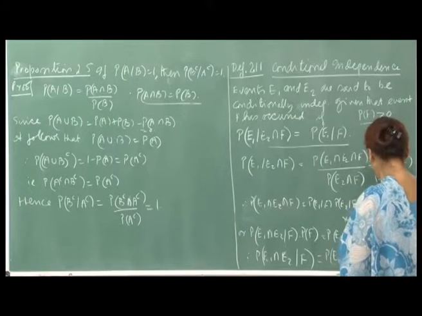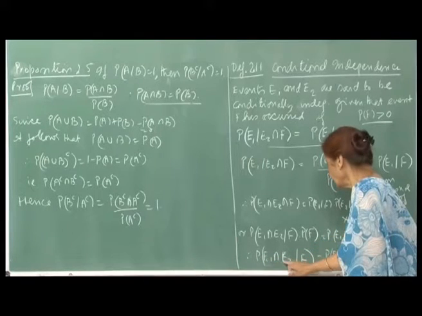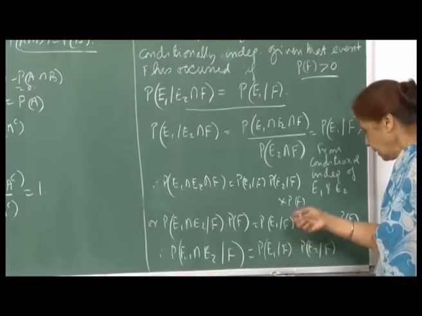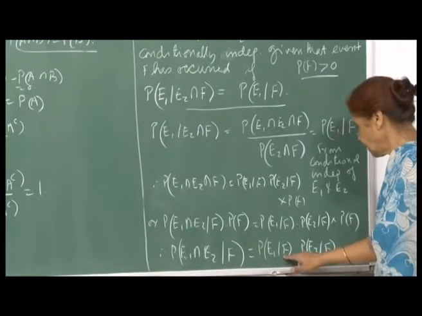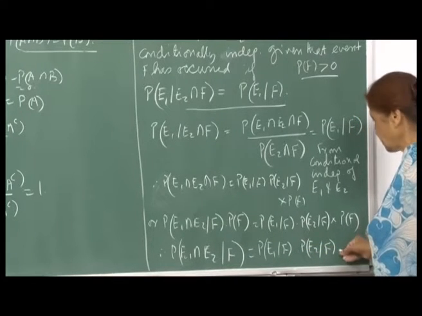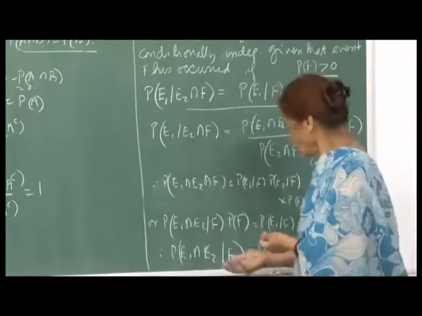So, I am left with the probability of E1 intersection E2 conditioned on F being the product of the individual conditional probabilities, that is, the probability of E1 conditioned on F times the probability of E2 conditioned on F.